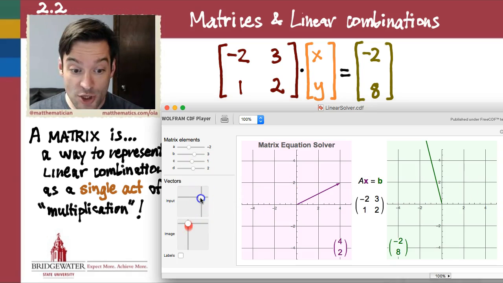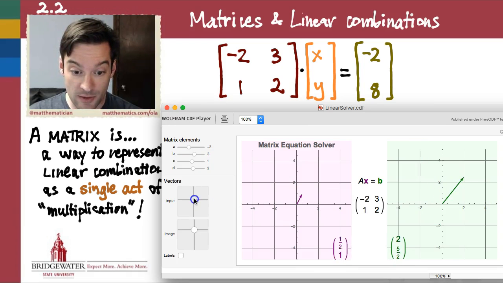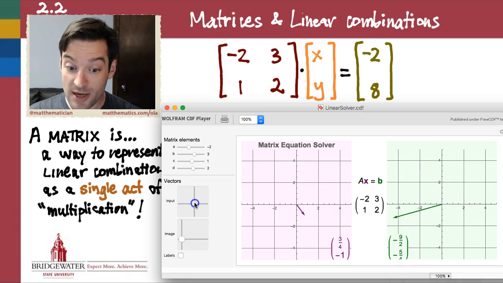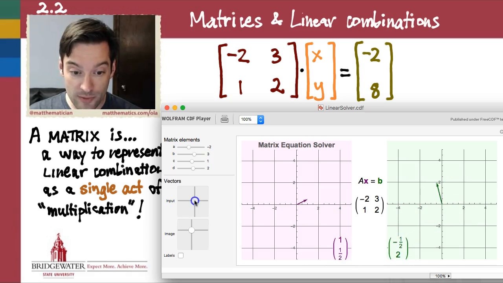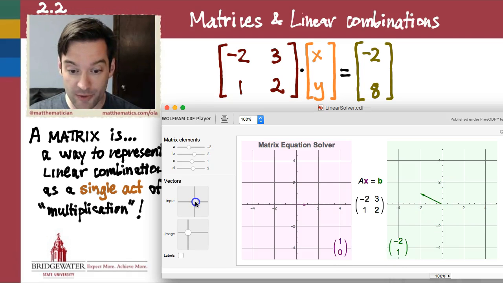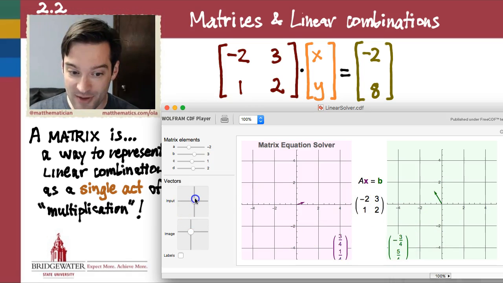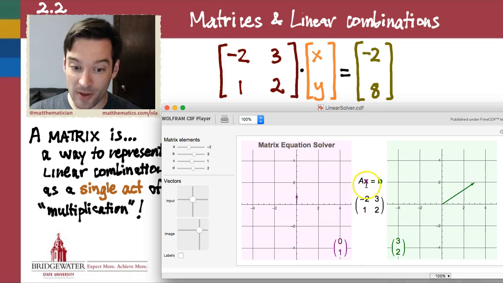So if I change my input vector to something else, then the output vector that I get is also going to probably change. If I pick a new input vector, let's say 1, 0, and multiply this matrix by 1, 0, I'm going to get the vector minus 2, 1 in the range. Now that vector just happens to be the first column of the matrix A. By the same token, if I take the input vector 0, 1 and multiply this matrix times that vector, then the vector that I get in the codomain is going to be the second column.